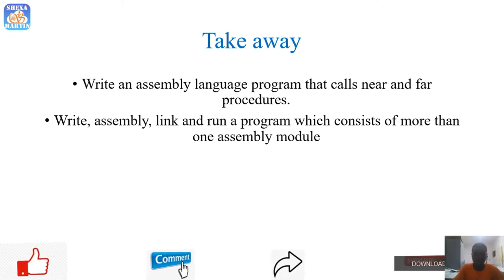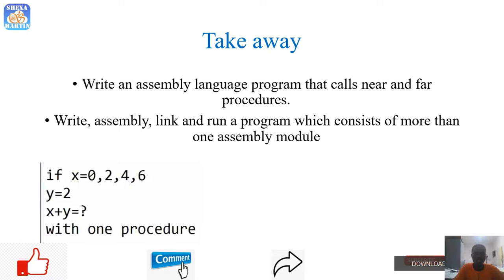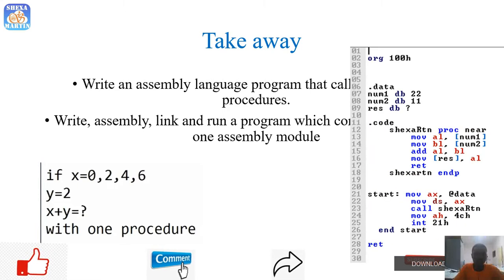Take this away. Write an assembly language program that calls near and far procedures. Write, link and run a program which consists of more than one assembly module. And then you may also need to use a procedure to convert that code into what?